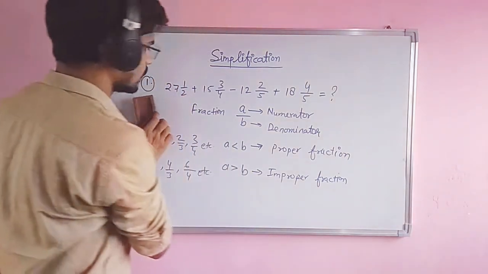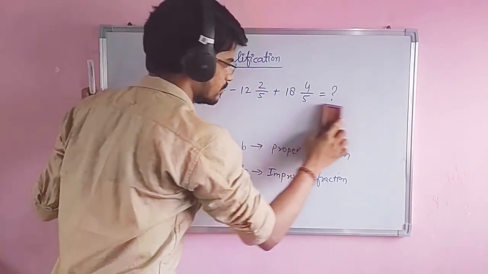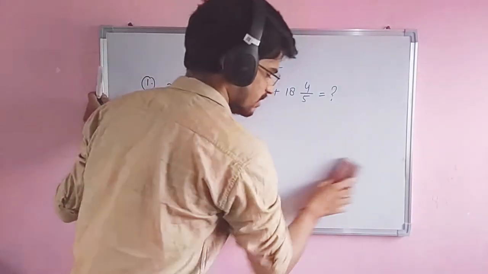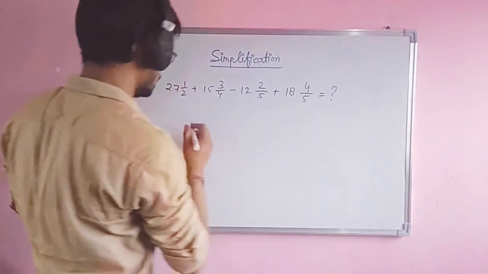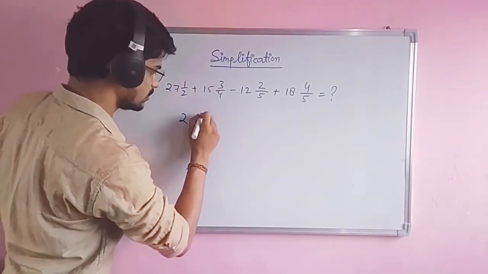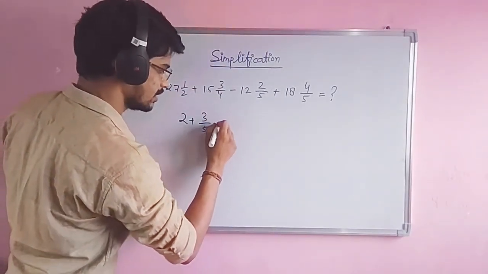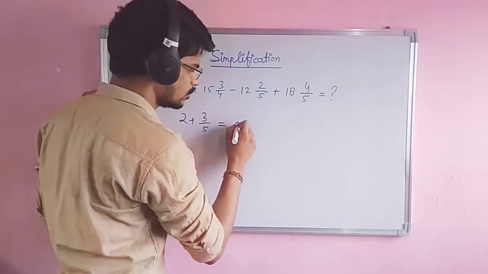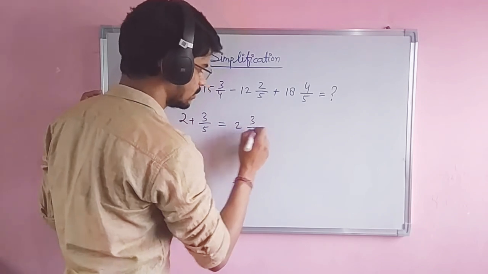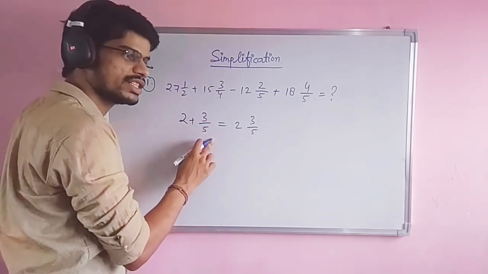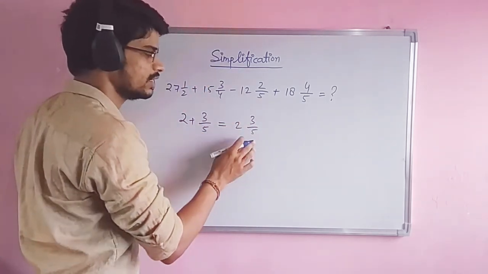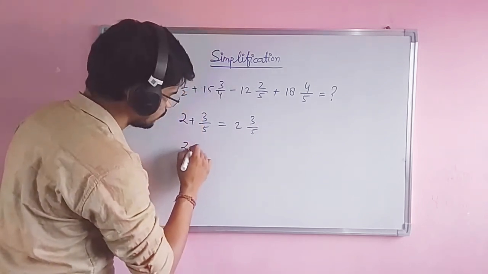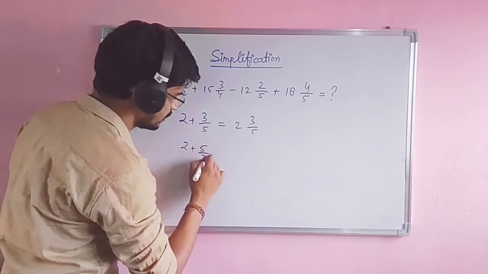Before solving this question, we also understand the rules. 2 plus 3 by 5: we add directly, that is 2 3 by 5, because it is a proper fraction, that's why we write it directly. Next is 2 plus 5 by 3.